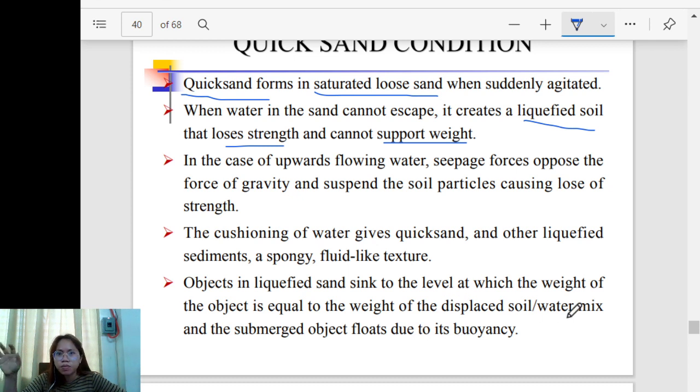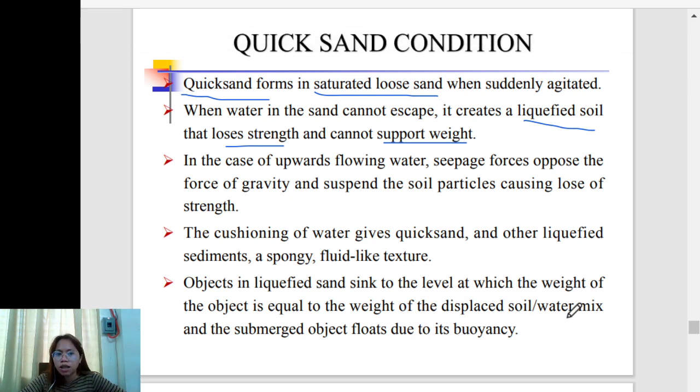So the objects placed in the quicksand, which is liquefied, sink until they reach the level where their weight equals the weight of the displaced soil or water. Then they float, no? Submerged due to buoyancy of the liquefied quicksand.